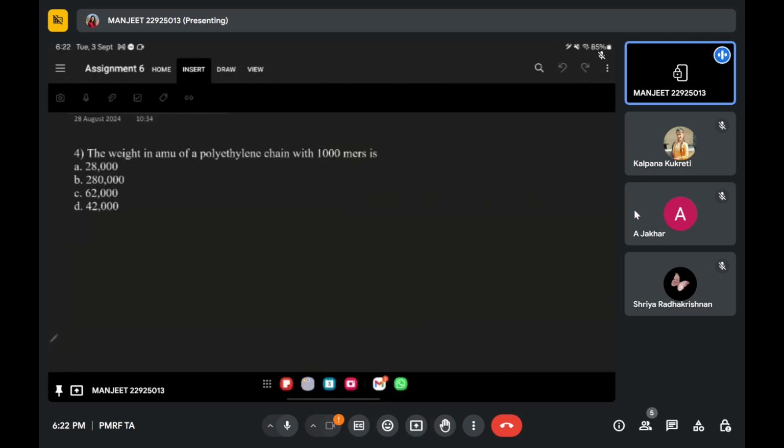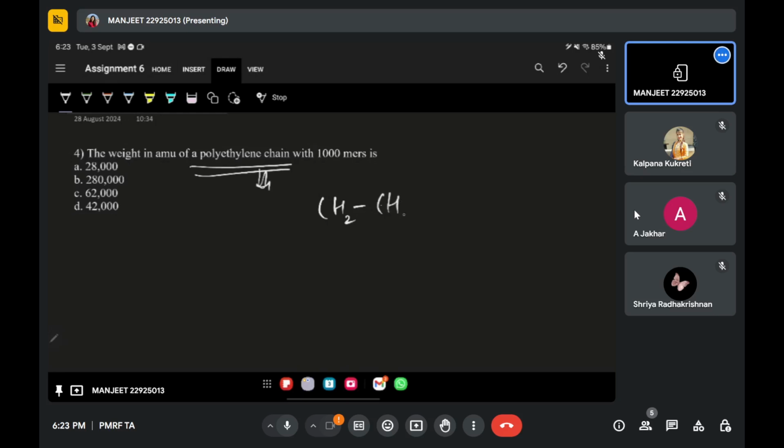So we know what the polyethylene chain is: CH2-CH2, repeated. Now the n here is 1000. There are 1000 repeating units of this ethylene. So first, to calculate the weight in AMU, if we can calculate the weight of this ethylene unit, then I can calculate the weight of the polyethylene chain.